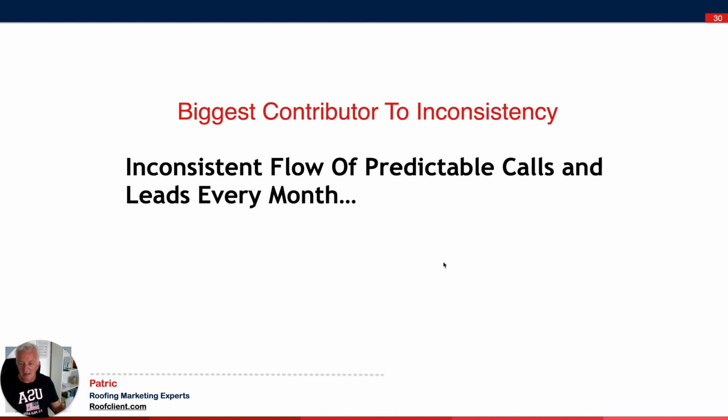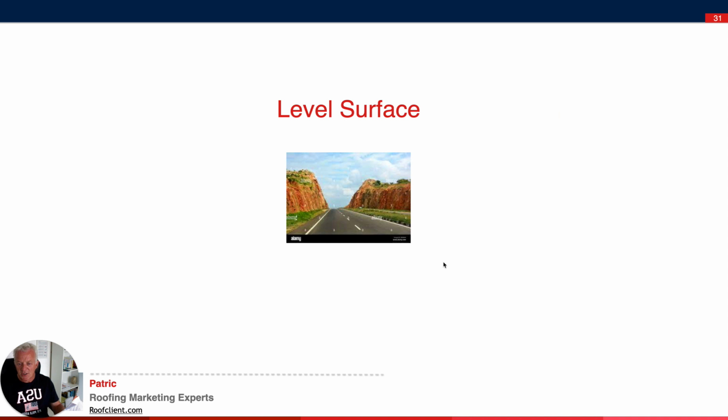If you can sort out that issue in making that flow of calls more predictable, you can level out the playing field you're on. So as a metaphor, how do we level out the surface? We're going to use the metaphor of cutting a road through the mountain to level that surface.